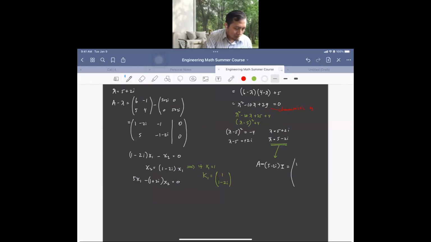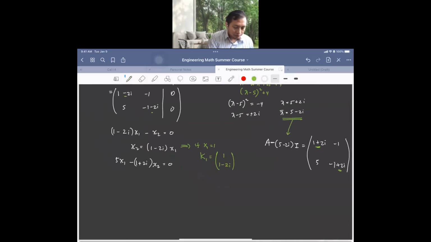So 6 minus 5 is 1, 0 minus, minus plus 2, plus 2i, negative 1, 5. 4 minus 5 is negative 1 plus 2i. I think it's similar, but if you look at this, it's precisely what we have in the conjugation. It's going to have the opposite signs.